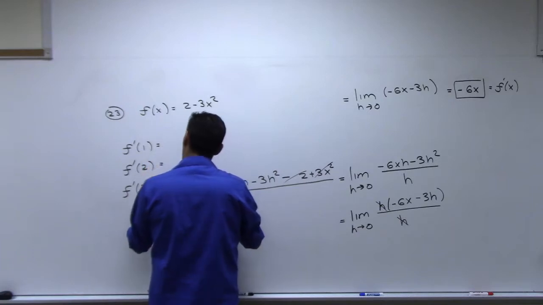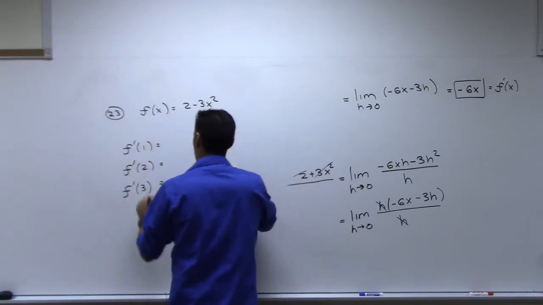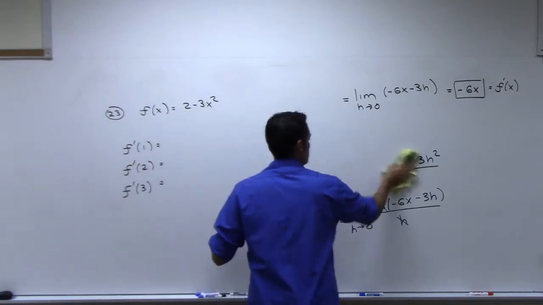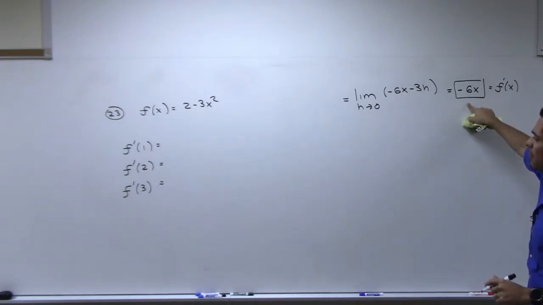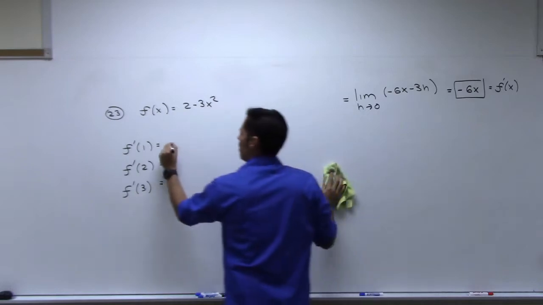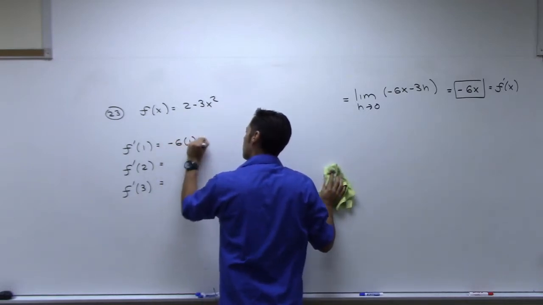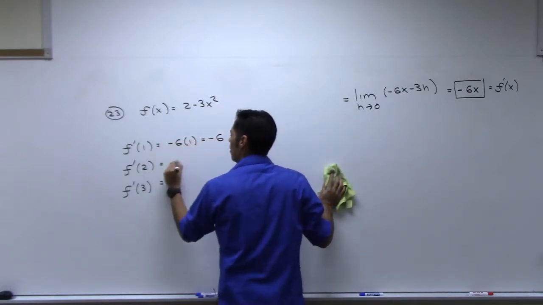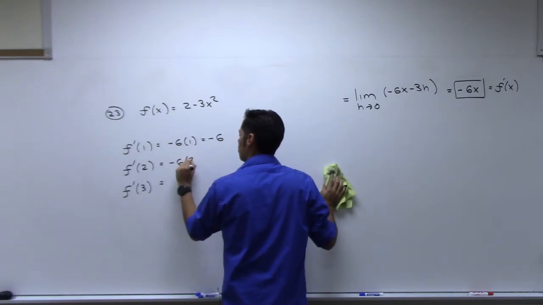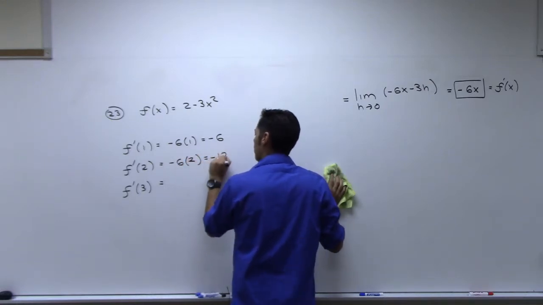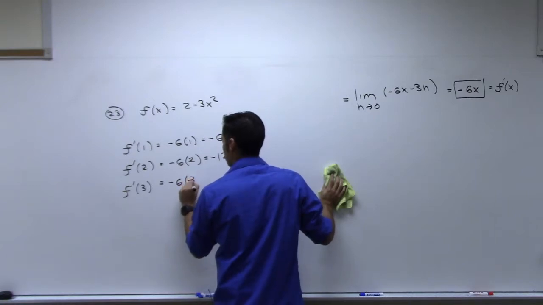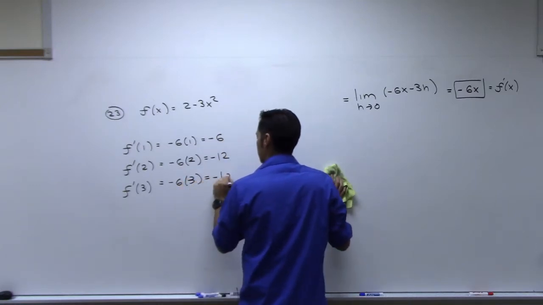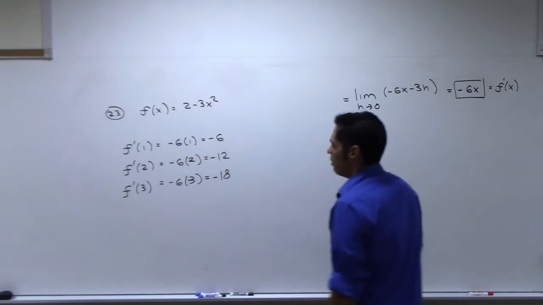So now all I'm going to do is plug 1, 2, and 3 into f prime of x, which is this. So if I plug 1 in here, negative 6 times 1, I get negative 6. If I plug 2 in there, I get negative 6 times 2, which is negative 12. And if I plug 3 in there, I get, wow, what am I doing? Negative 18. Those are our three derivatives.